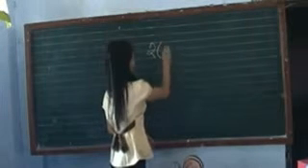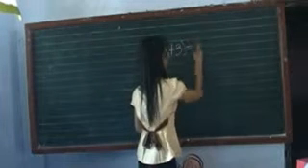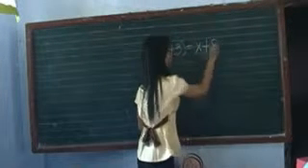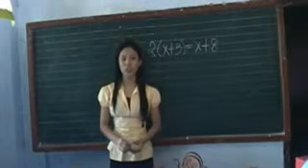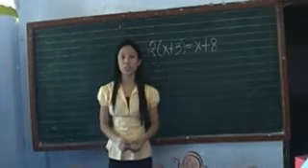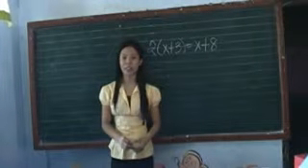Example number 2. 2 times the quantity x plus 3 is equal to x plus 8. Let's find the value of x. Remember that the term inside the parentheses with 2 outside means we double the expression inside the parentheses.